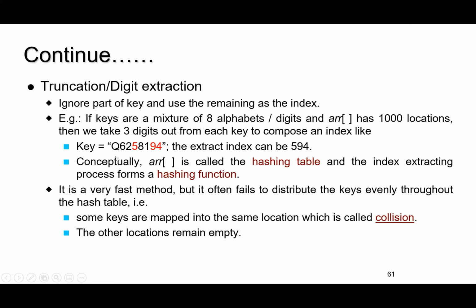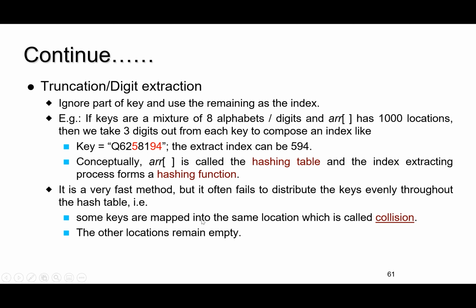If you have another key, P, 5, 3, then 5, 9, 6, then 9, 4, you see the second key, the digits in the same positions are also 594. So it will be mapped to the same location.